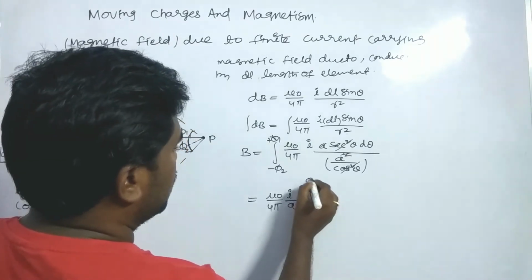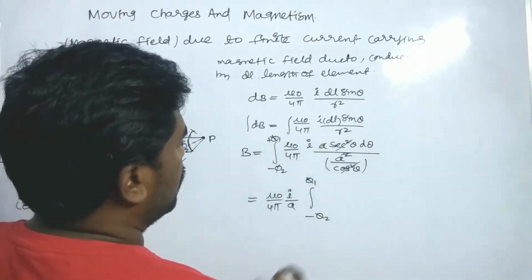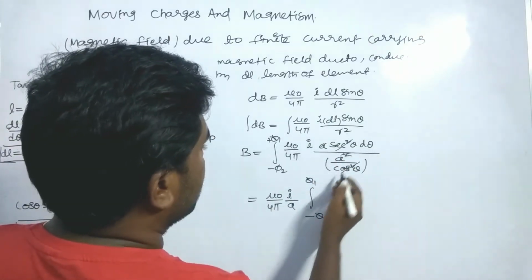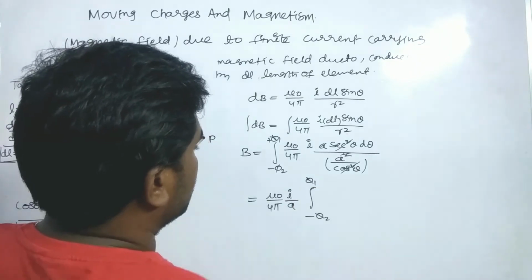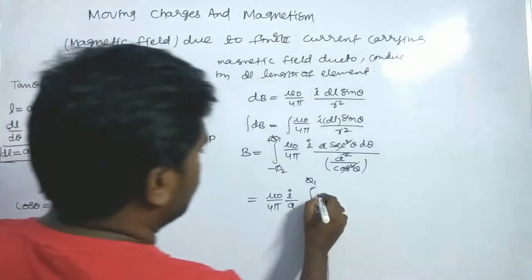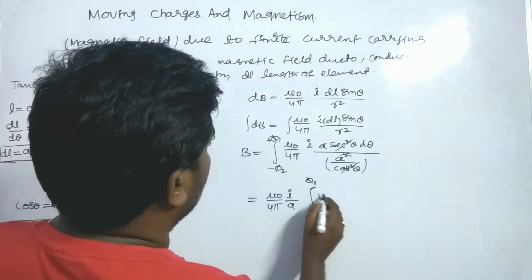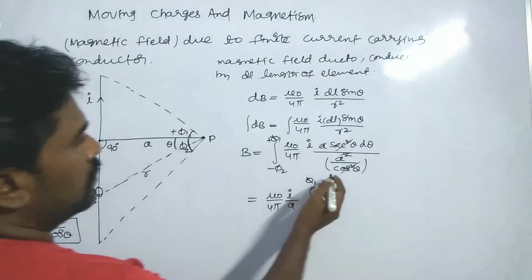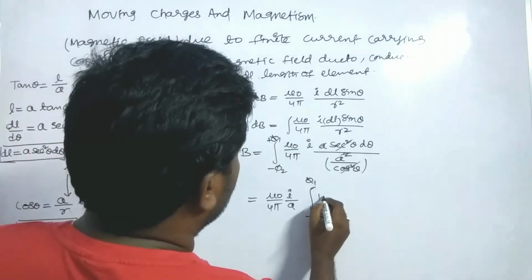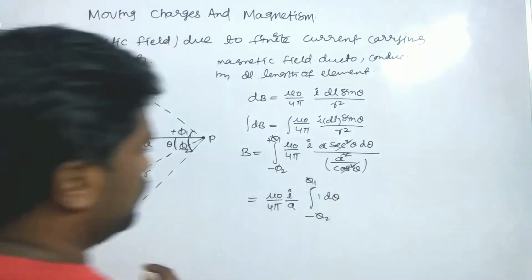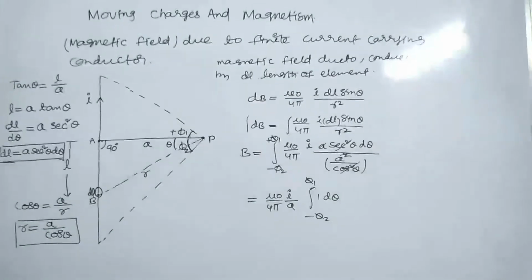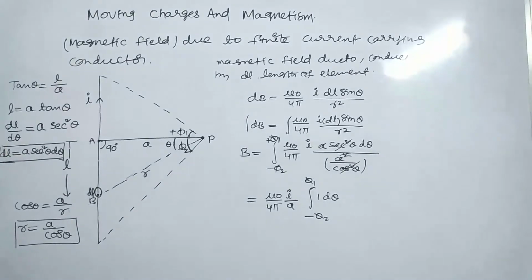phi 2 and phi 1, and it is d theta here. What is that here? That is only 1 into d theta.